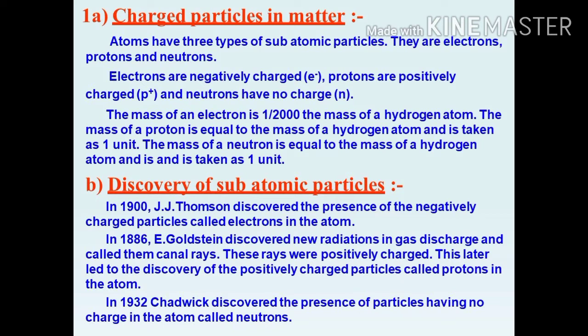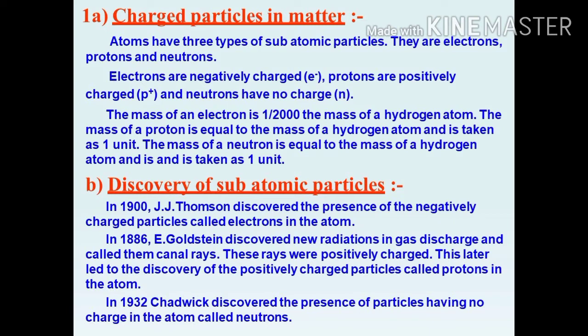Radiations in gas discharge are known as canal rays. These rays were positively charged. This later led to the discovery of the positively charged particles called protons in an atom. In 1933, Chadwick discovered the presence of particles having no charge in the atom called neutrons.